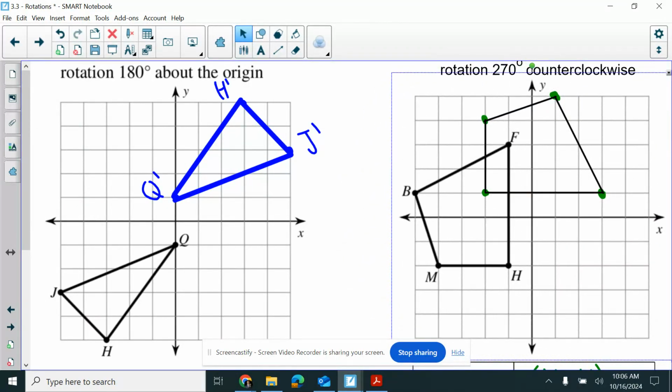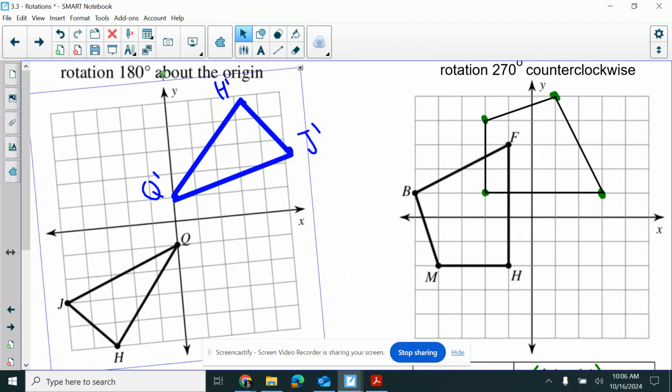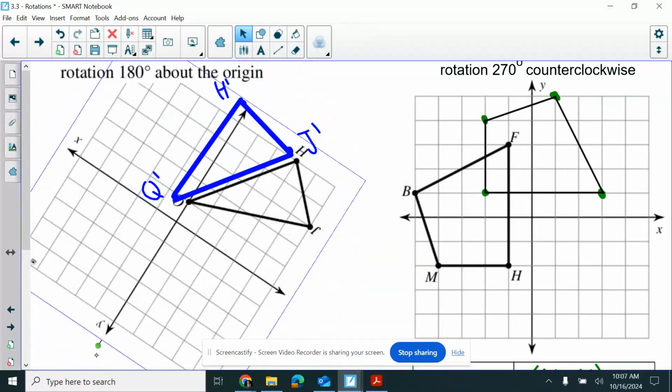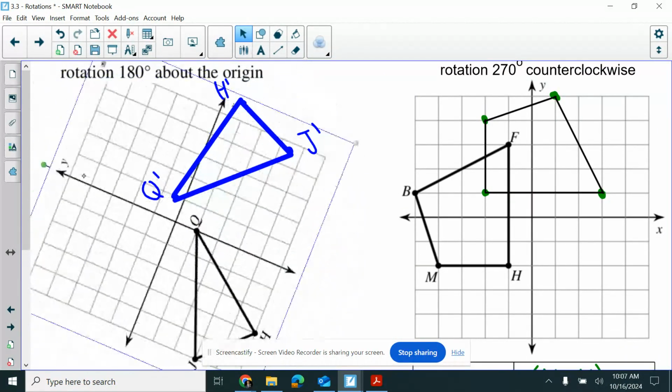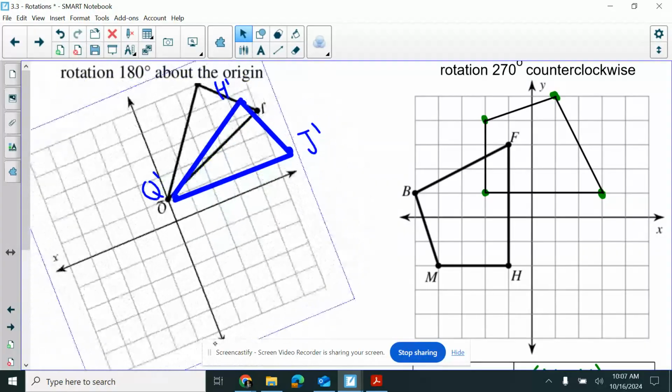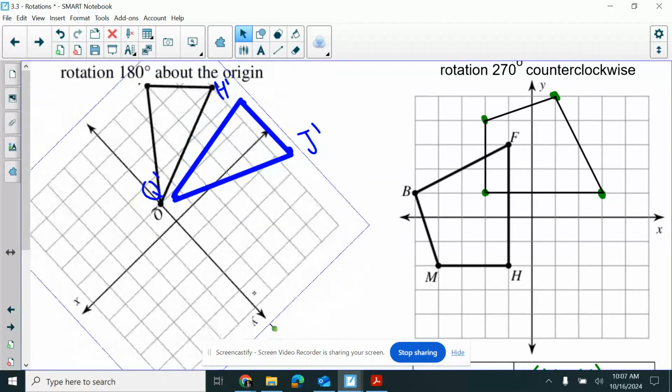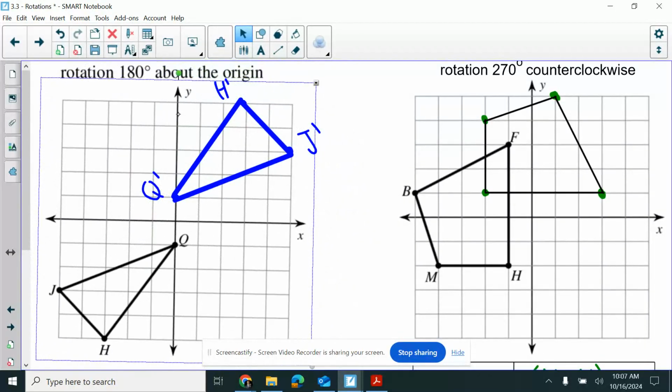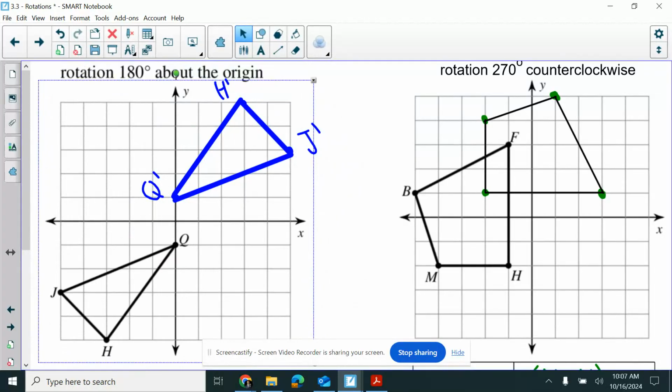So 90 and 270 are opposites with clockwise and counterclockwise. Then for 180, it doesn't matter which direction you go. If you go counterclockwise or clockwise 180, you're going to end up in the same spot. So that's how rotations work.